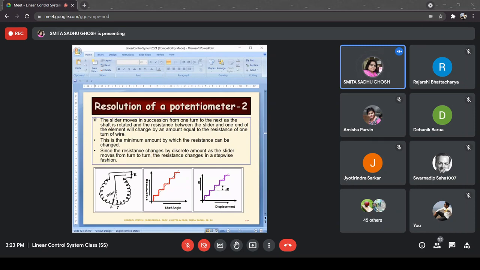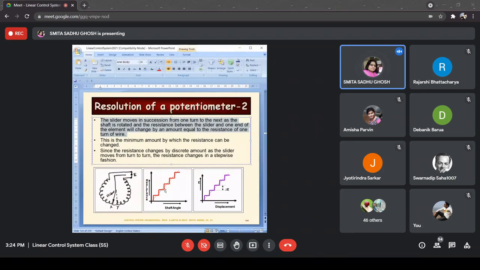Okay, let us read through this. The slider moves in succession from one turn to the next as the shaft is rotated, and the resistance between the slider and one end of the element will change by an amount equal to the resistance of one turn of wire. So this much amount will automatically change at one go. Then it's going to remain at that value, and again it's going to change to a different value.